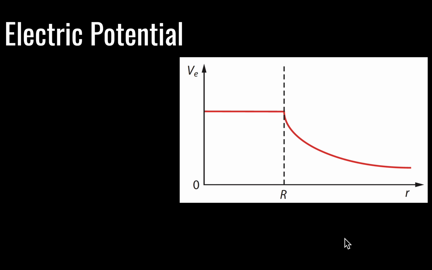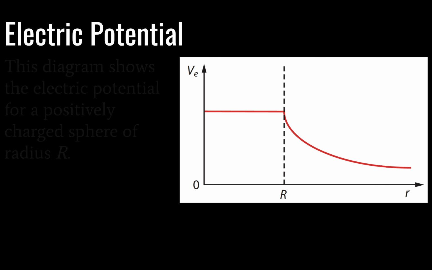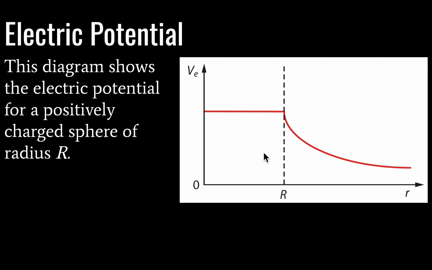Okay, finally, last but not least, here we have a diagram showing the electric potential of a positively charged sphere of radius r. We have this interesting scenario where the electric potential inside the sphere is constant throughout the entire sphere. That's what this flat line is telling us.